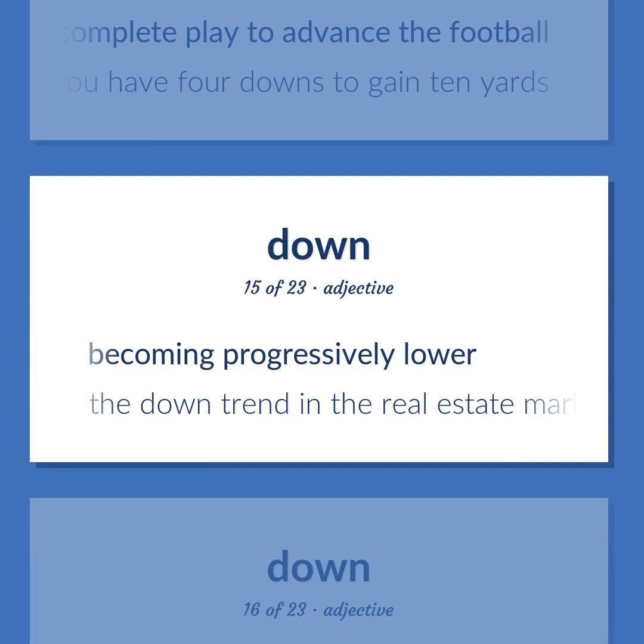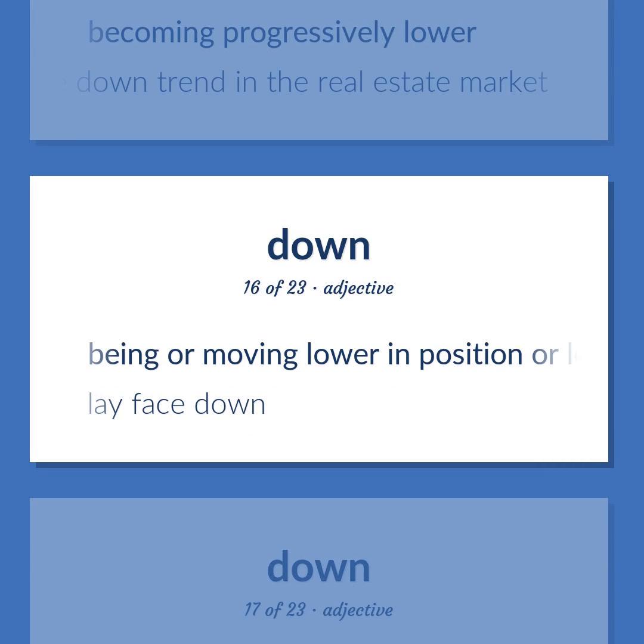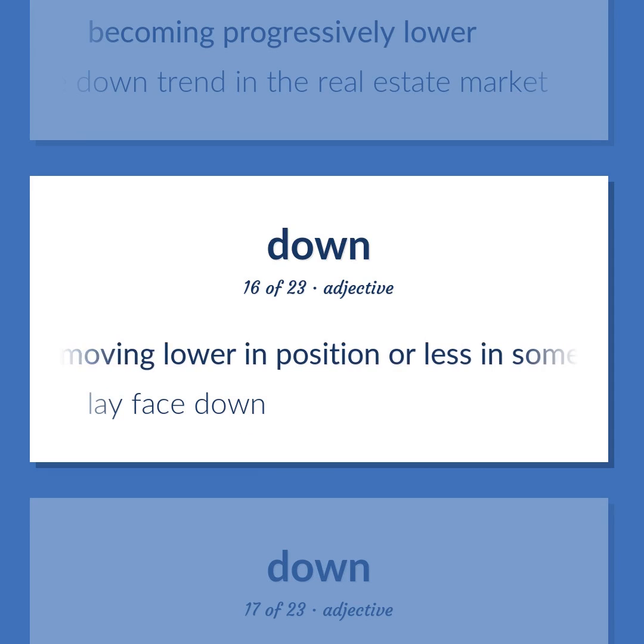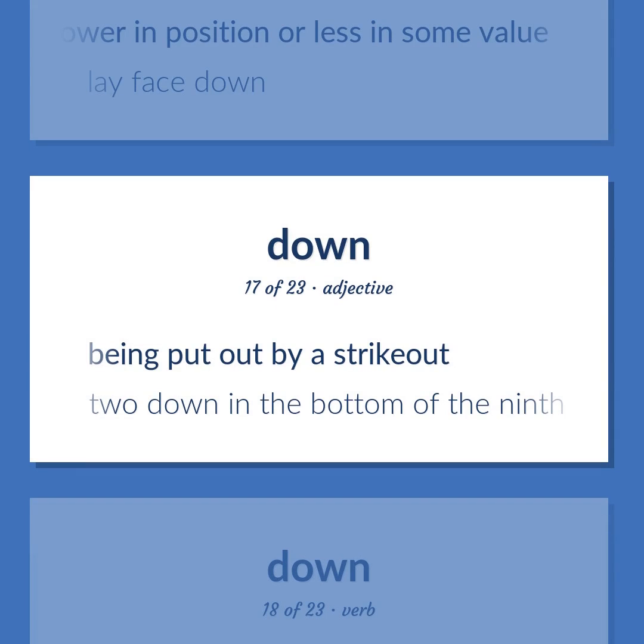Becoming progressively lower. The downtrend in the real estate market. Being or moving lower in position or less in some value. Lay face down. Being put out by a strikeout. 2 down in the bottom of the ninth.